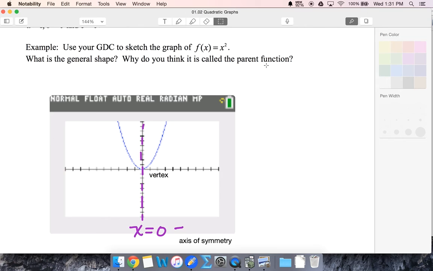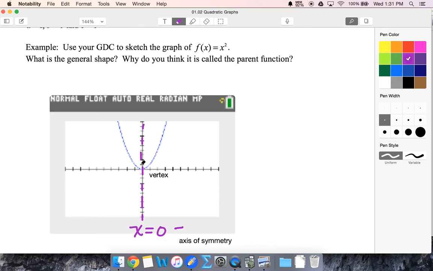Our vertex is this point here, the turning point of the parabola. So our vertex of the parent is at 0, 0. Of course, that means the y-intercept is also at 0, and this has only one x-intercept, also at 0. So here's my parabola, and that's the parent function.